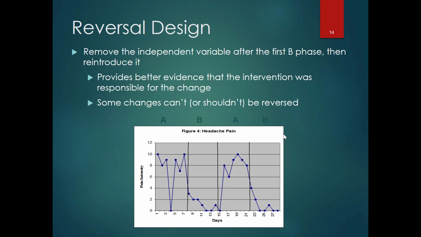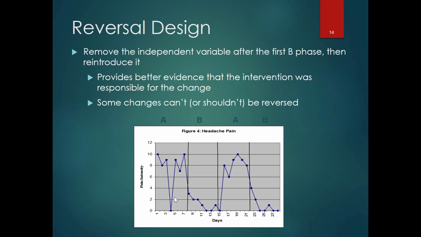So first of all, you have your baseline where you collect your data, and then you introduce your intervention. And then the third phase, you take away the intervention. And then the last phase, you introduce the intervention again. So looking at this graph, the reversal design was being used to test the usefulness of meditation for reducing the pain associated with migraine headaches.